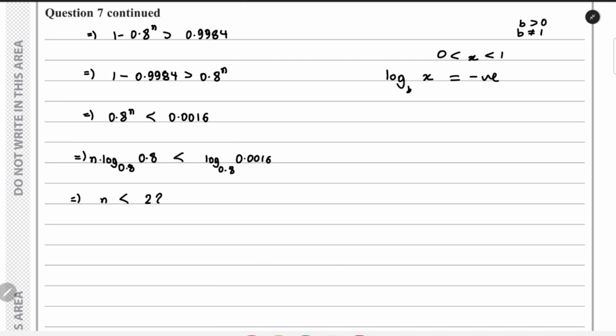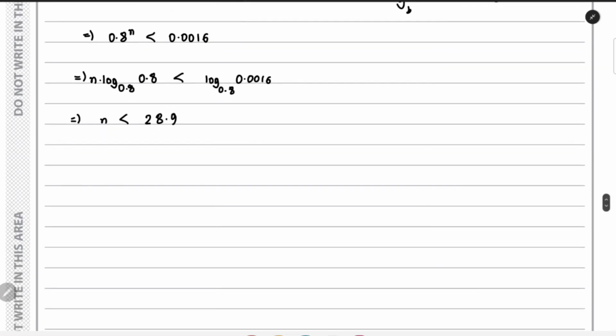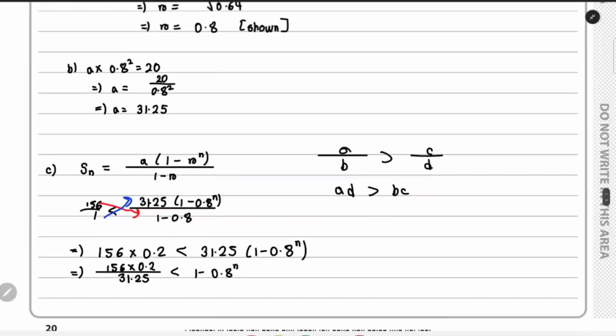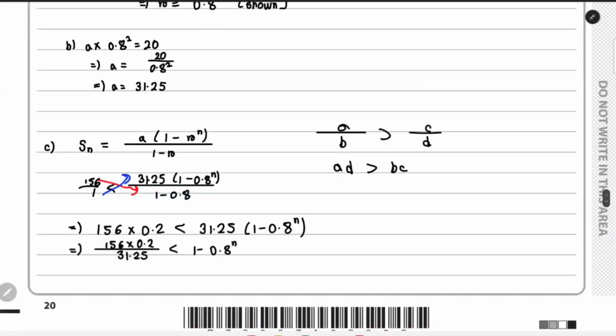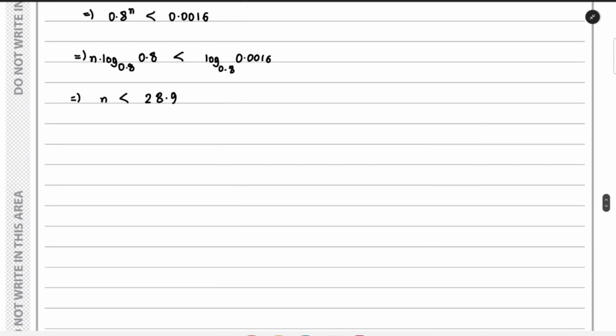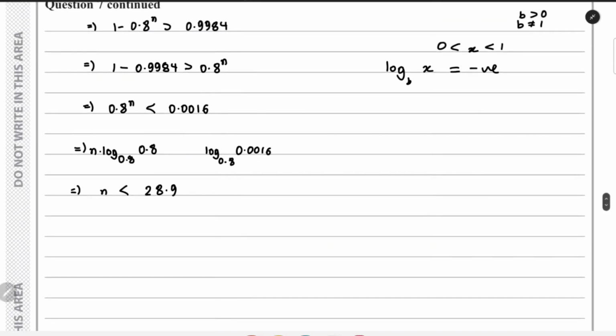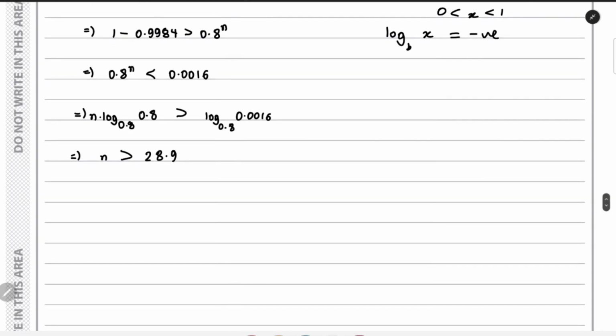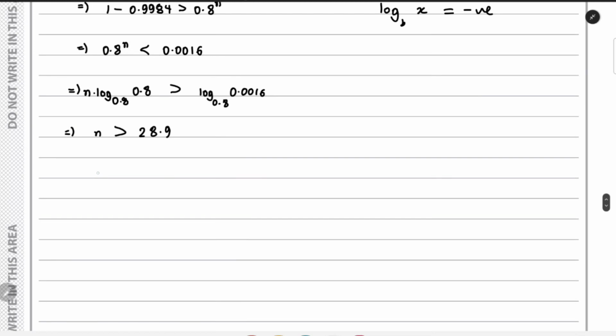We get n is less than 28.9. So the smallest possible value of n would be, sorry, the sign flips, I forgot to. So n will be greater than 28.9. So the smallest value of n will be 29.